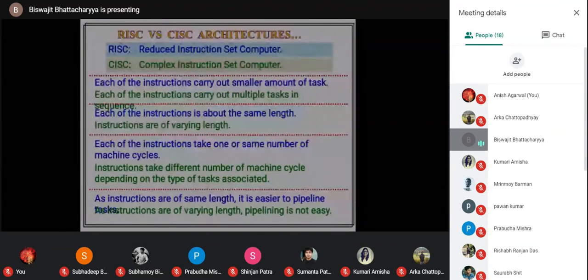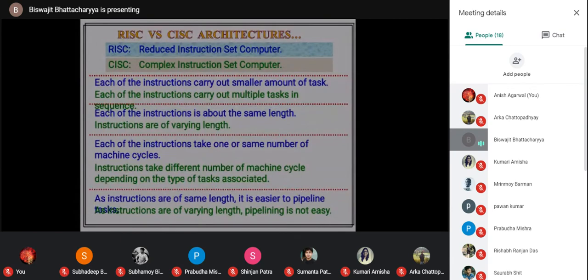Now in a RISC processor, as the type of instruction is quite simple, the machine cycles consumed are only one or two, not too many. But in CISC, the number of machine cycles involved in one instruction is of varied nature, depending on the type of task involved in the instruction.